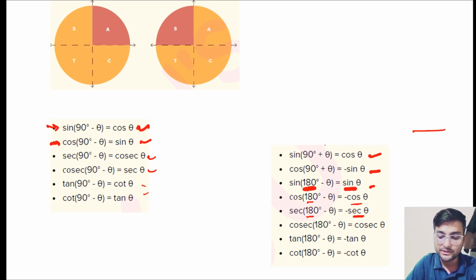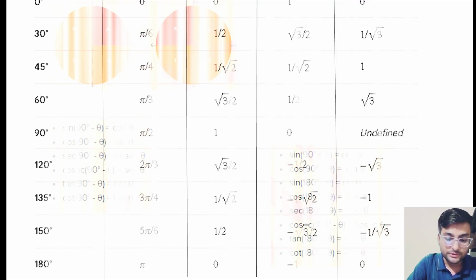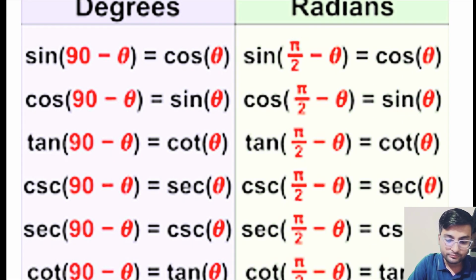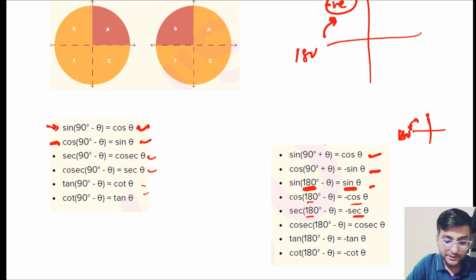Because 180 minus theta means you are going inward from 180. You are going to this side, the left side. When you go to the left side, it becomes negative. Clear to all of you? So negative for what? Not for sin theta. Negative for cos theta and tan theta.